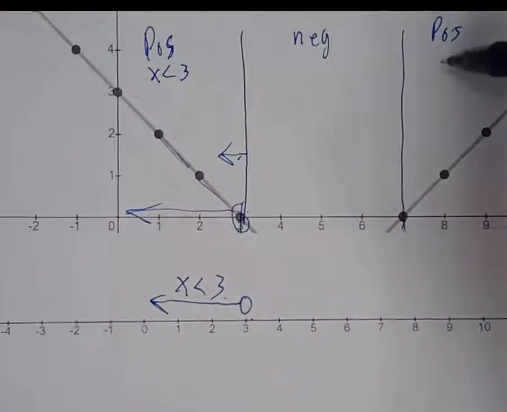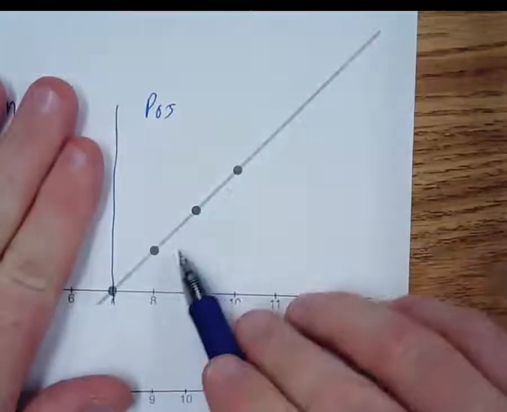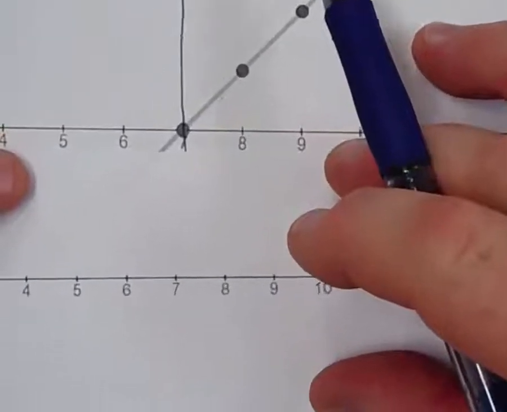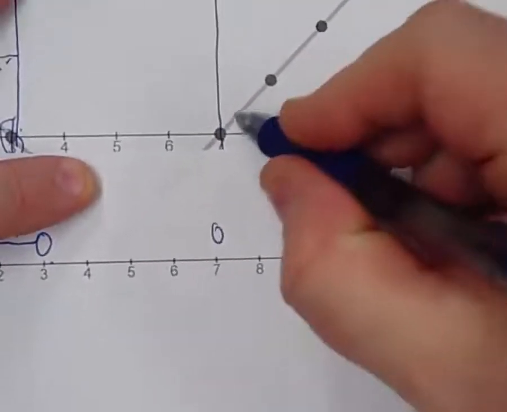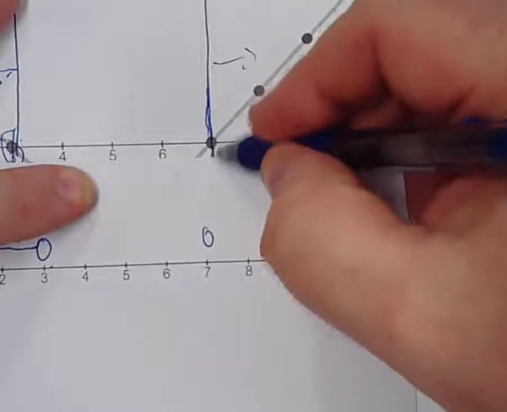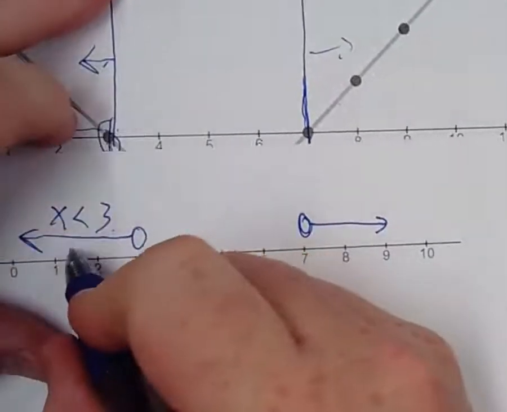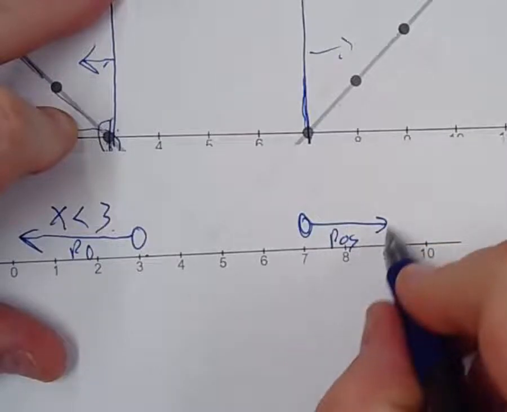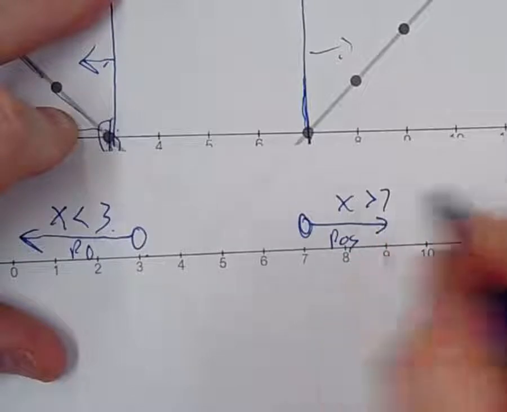Now if I come over here to the right-hand side, we're looking at just this side over here, and that goes at positive 7. So I have an open circle at 7, but the graph is on the right-hand side of that boundary line, which is the x-intercept. So my graph is located to the right, so this one was positive, and this one's going to also be positive, but the expression that represents this graph right here is where x's are greater than 7.